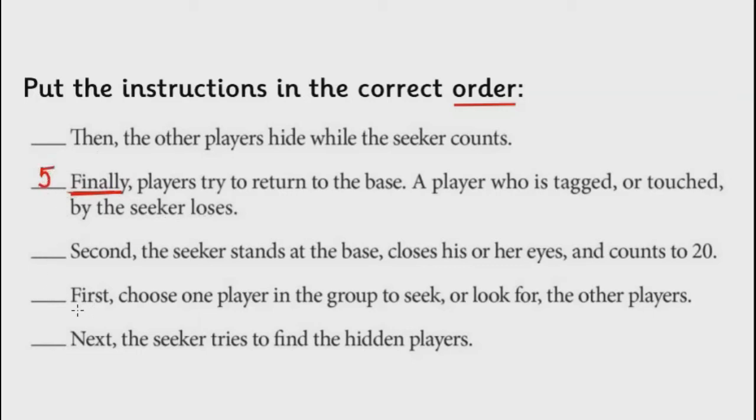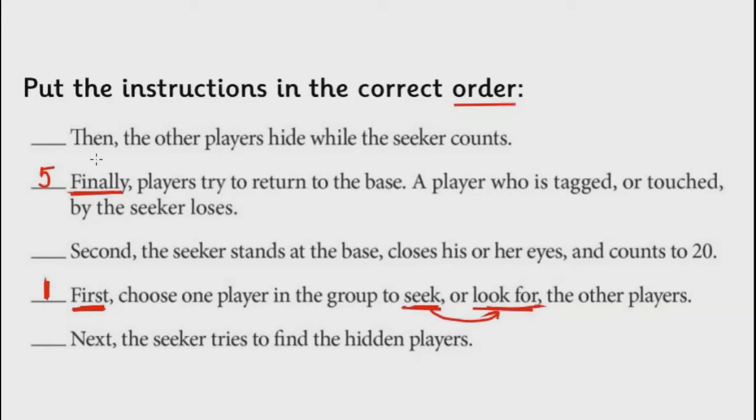And I know that this sentence must be the first sentence. First, choose one player in the group to seek or look for the other players. The meaning of seek, from the context, is look for.